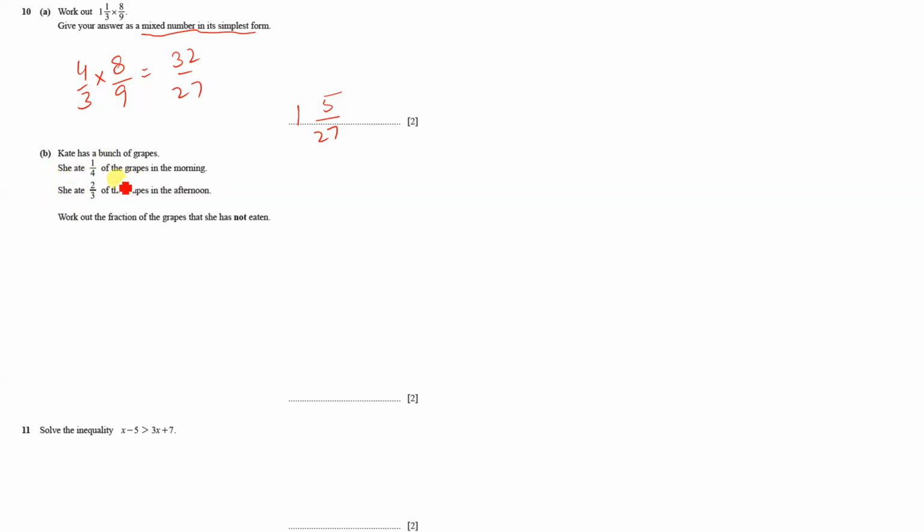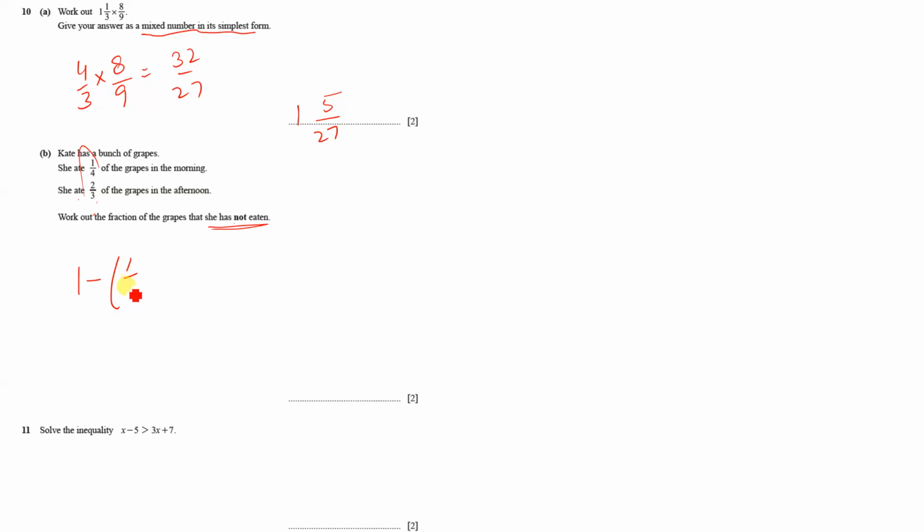Part B. Kate has a bunch of grapes. She ate 1/4 of the grapes in the morning, 2/3 of the grapes in the afternoon. Work out the fraction of the grapes that she has not eaten. In order to find the fraction which has not been eaten, we are going to subtract the sum of these two, which has been eaten, from 1.